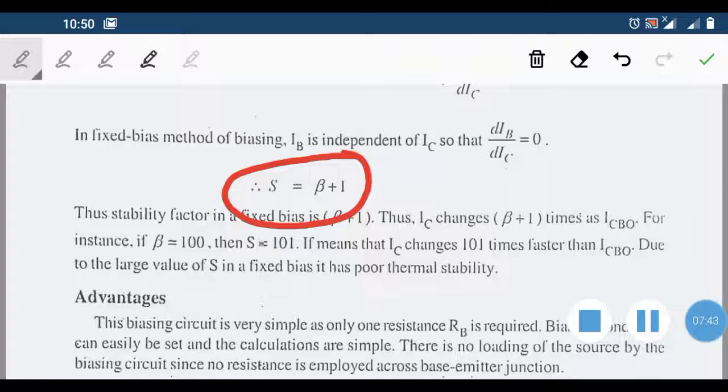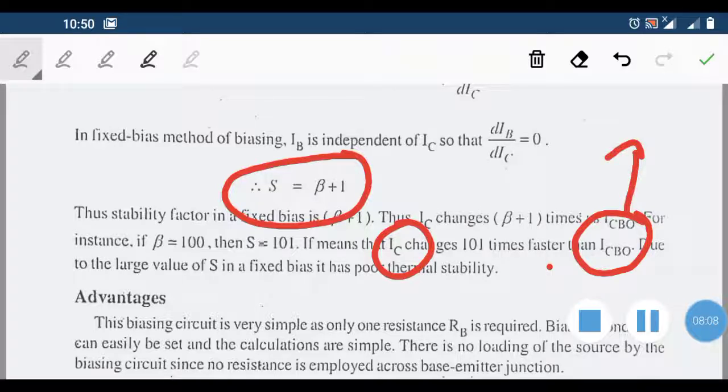Usually the value of beta for this type of transistor is 100. So S is equal to 101, which is a big value. We can conclude that IC changes 101 times faster than ICBO. Once ICBO changes, IC changes 101 times. That is the meaning of S is equal to 101.